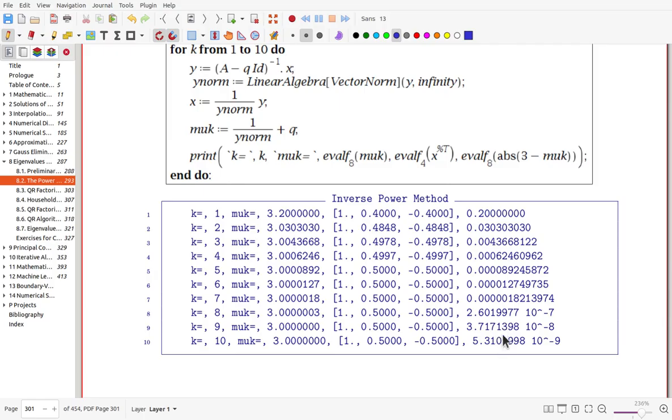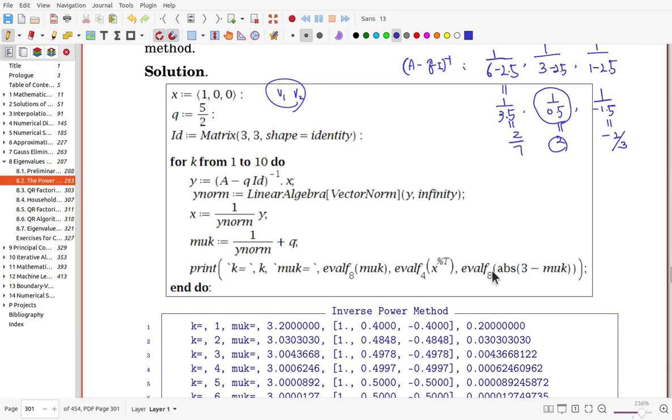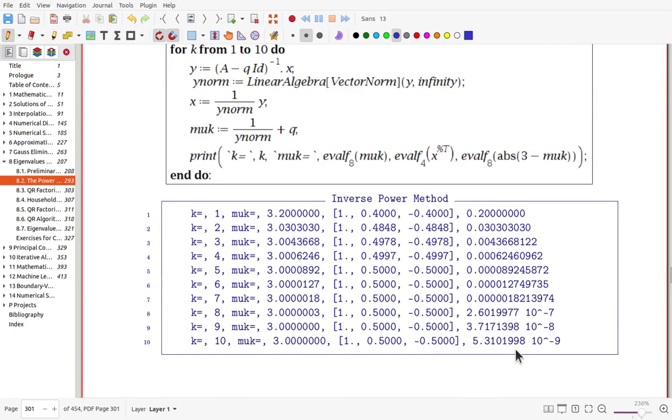It is 7 times smaller, 7 times smaller, 7 times smaller. The reason is that the second largest one has ratio 3, but there's no component from there, so this is dominant. This is what we want to get, and the ratio between these two determines the convergence speed. So it is 7 times smaller.